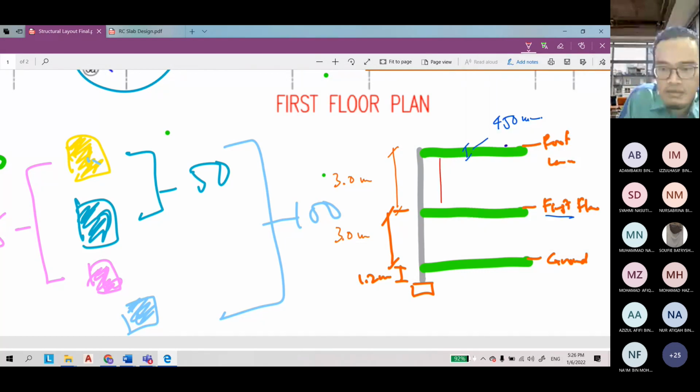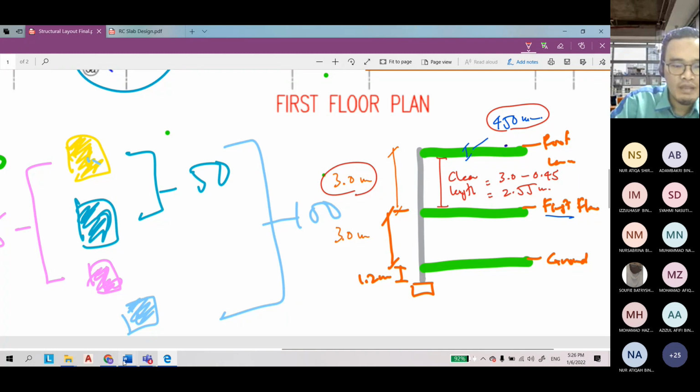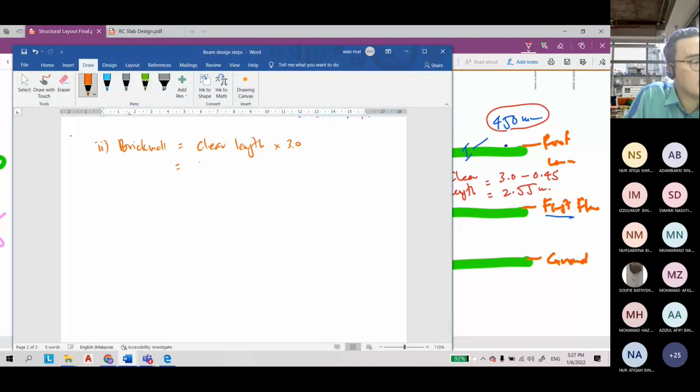It is equal to 3.0 minus 0.45. Simple mathematics, so it is equal to 2.55 meter. Here the clear length is 2.55.